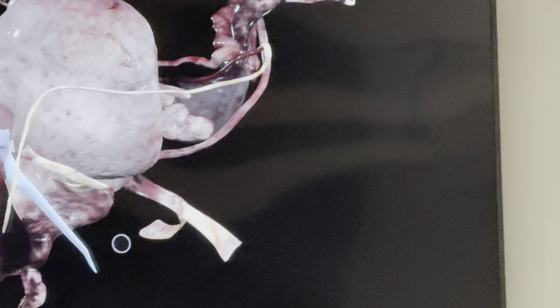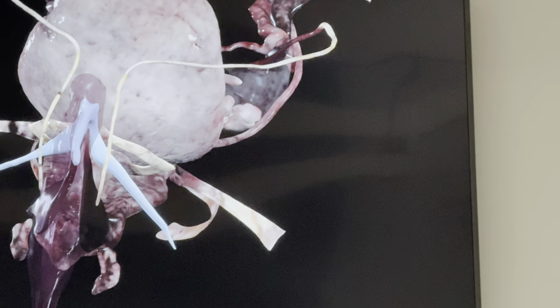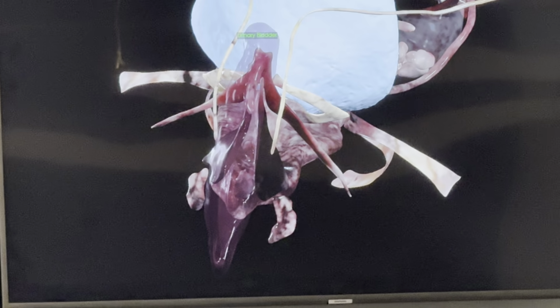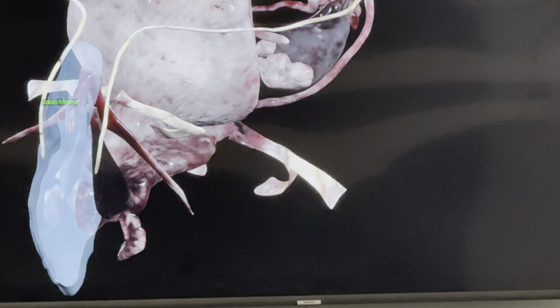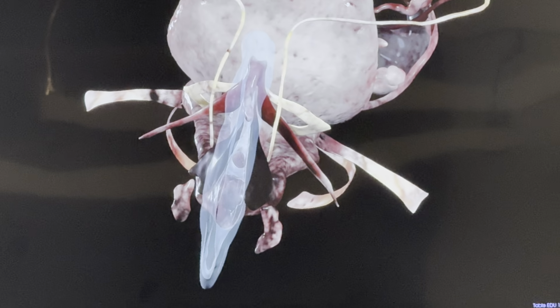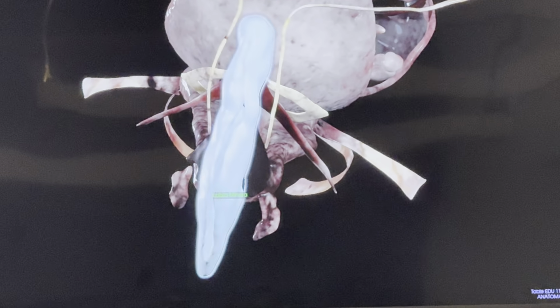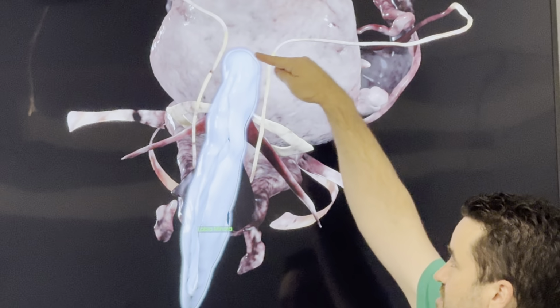The part of the labia minora above the clitoris is your prepuce. I'll go back to labia minora. There, okay, there's labia minora. Prepuce or clitoral hood is this.